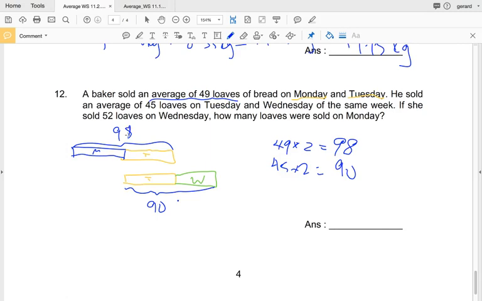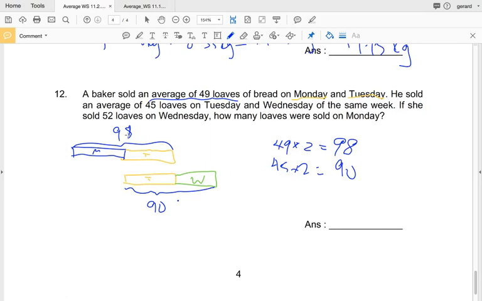The common thing about these two models is the Tuesdays. If you take the 98 minus the 90, you're actually finding the difference between Monday and Wednesday.